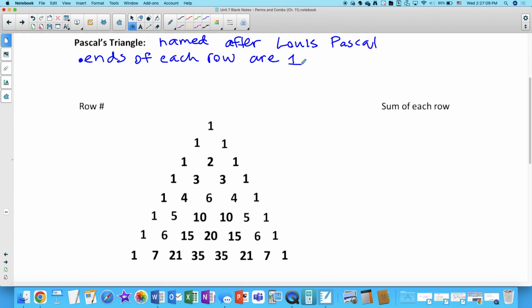So it starts with a 1 at the top, and then the next two are 1, and then the end numbers on the next row are also 1. And then what about the middle numbers? There's addition. Yeah, so like the first two rows you kind of have to be given. Then you go down here and you get 1, right? So these go down this way.